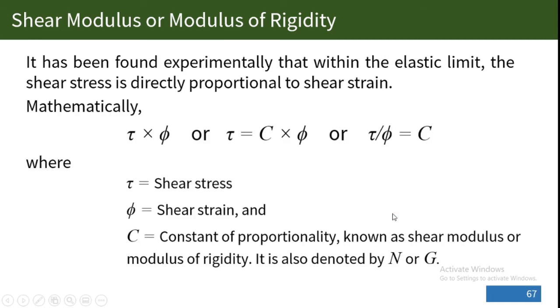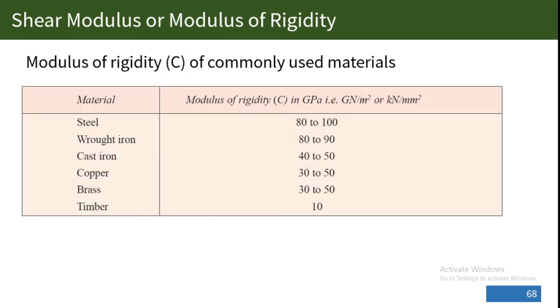Okay. So looking at this equation, higher values of the modulus of rigidity indicate that the material doesn't tend to deform when applied with shearing loads, right?